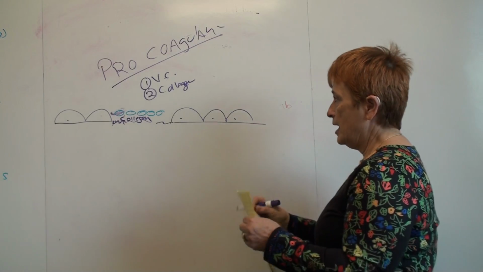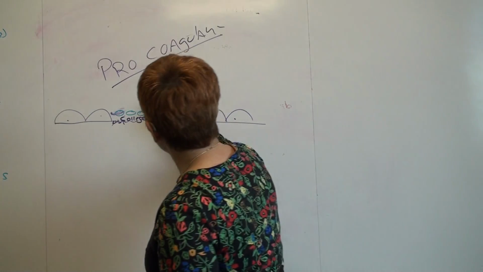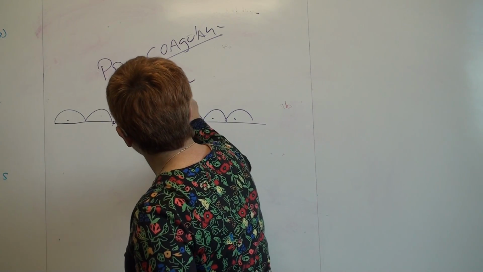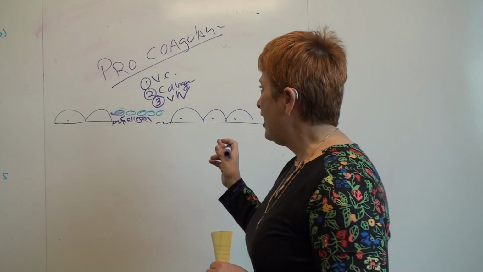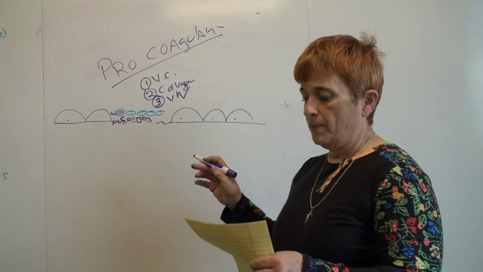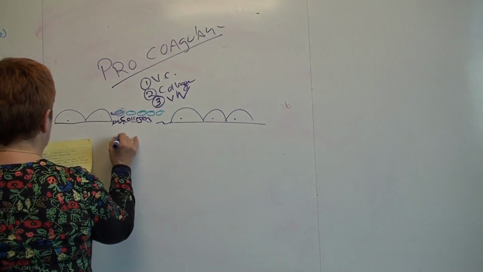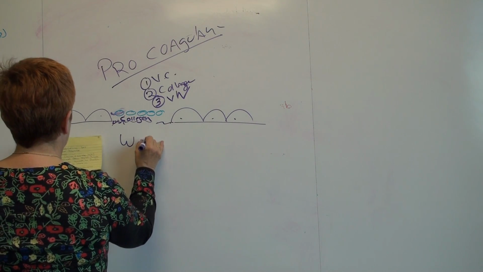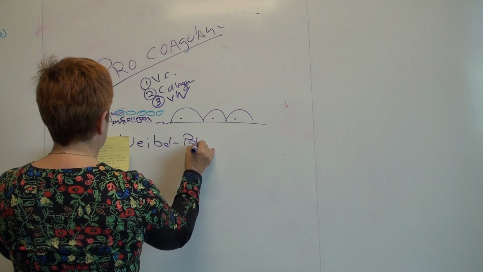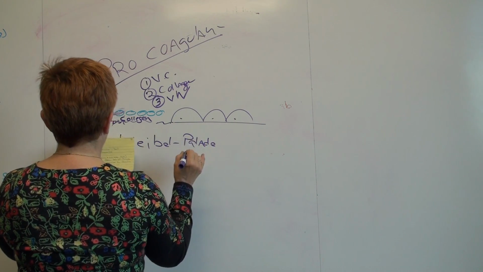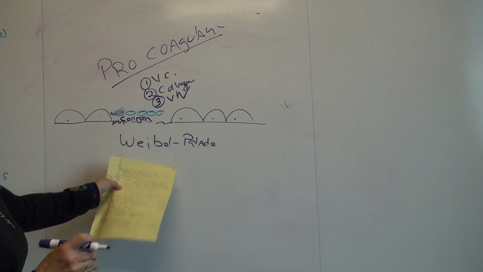Now, the other thing that I keep mentioning is von Willebrand's factor. Where does it come from? I'm going to write it down because I always mess it up. It comes from Weibel-Palade bodies. Where did the Weibel-Palade bodies come from?